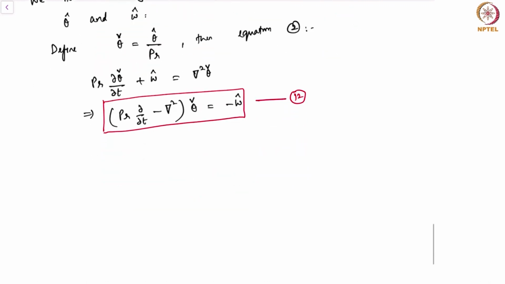So if we do that, equation 11 essentially becomes del by del t minus del square of del square of w hat becomes a new non-dimensional number Ra del 1 square of theta inverted hat.